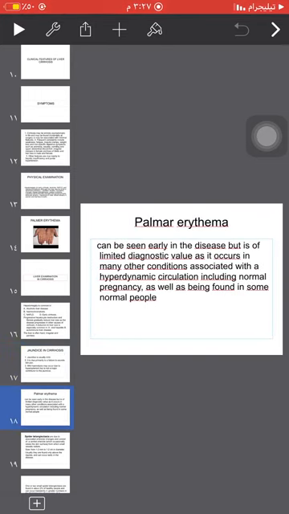The palmar erythema can be seen early in the disease, but it is of limited diagnostic value as it occurs in other conditions مثل hyperdynamic circulation, pregnancy, and normal people.